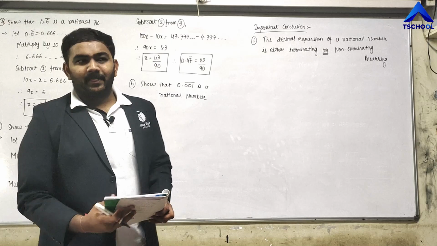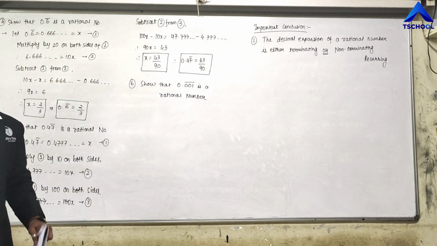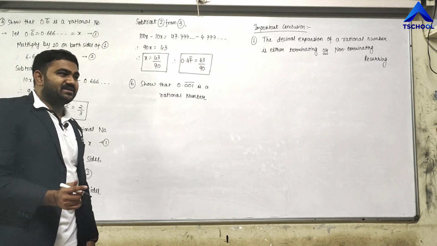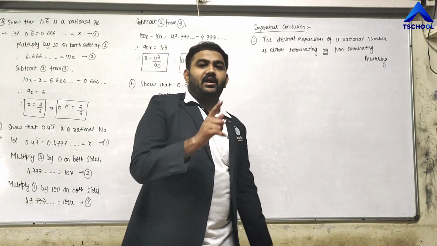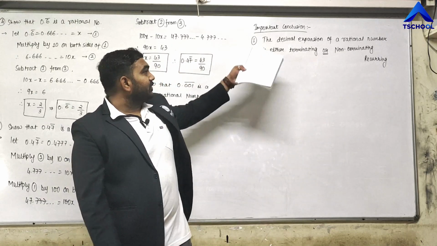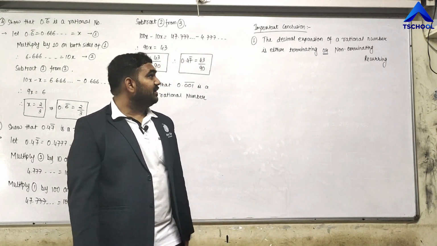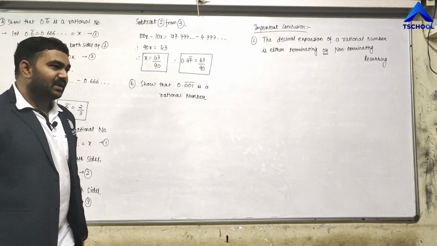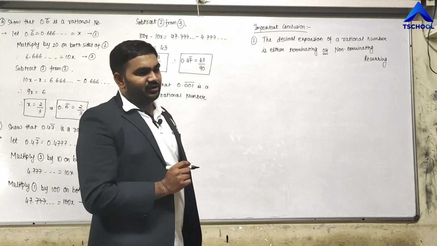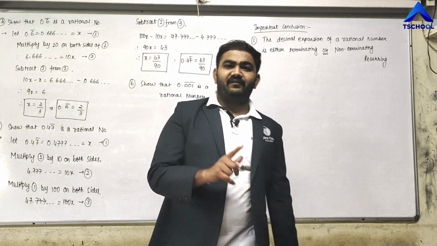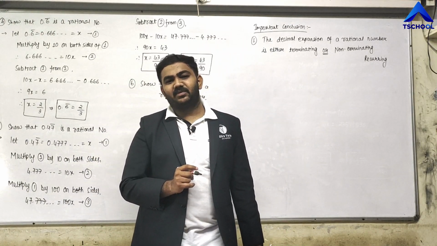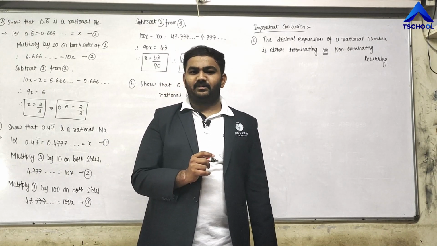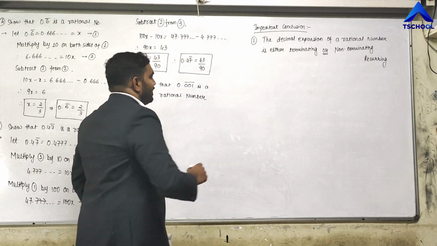Or we can say that any rational number will always give you either a terminating decimal number or a non-terminating recurring decimal number, right?